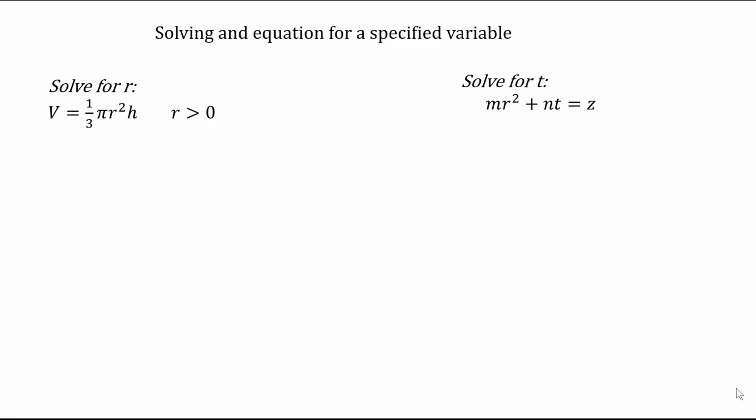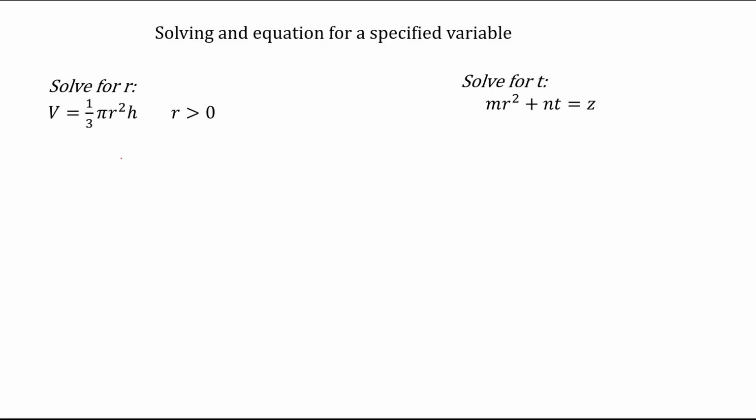Okay, lastly, we have a couple of problems where we are going to solve for a specified variable. These are problems that have mostly variables in them, and we're just going to isolate one of those variables. So this first equation is solve for r in the equation v equals 1/3 pi r squared h, where r is greater than 0.